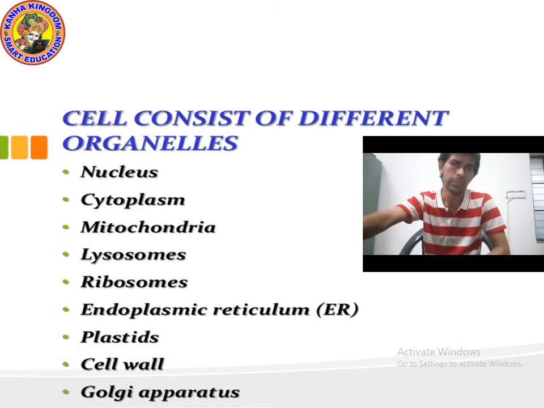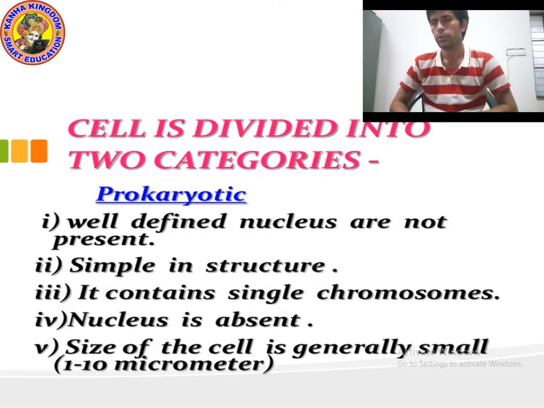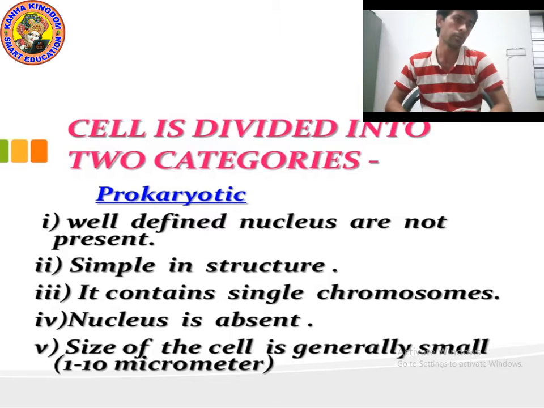Now let's move on to the next point. First, we divided cells on the basis of the number of cells present in the body: unicellular and multicellular.